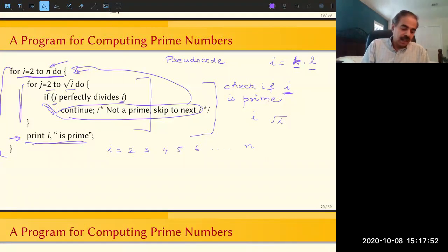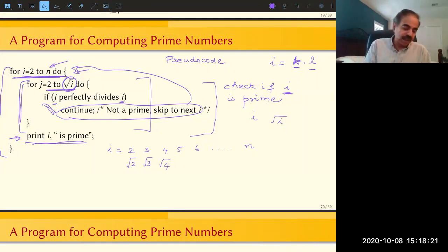So for each time you pick an I, the inner loop is being executed square root of I times, right? So if I equal 2, the first time you are spending square root of 2 time in the inner loop, then square root of 3, square root of 4, and so on.